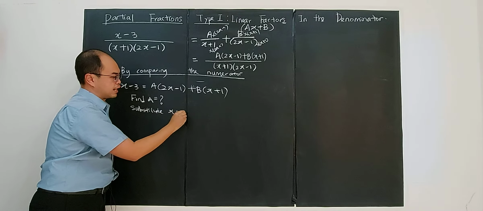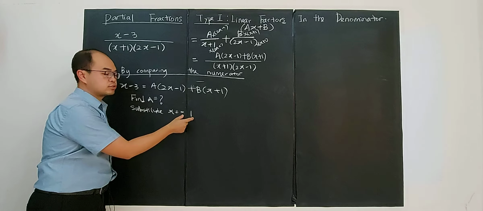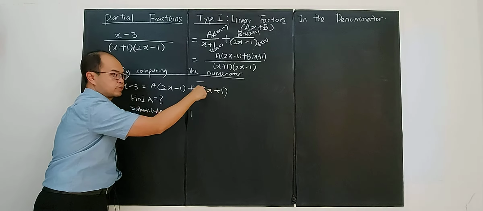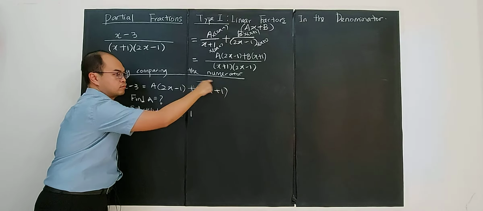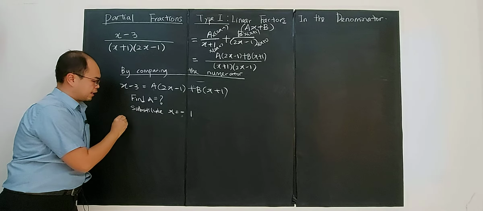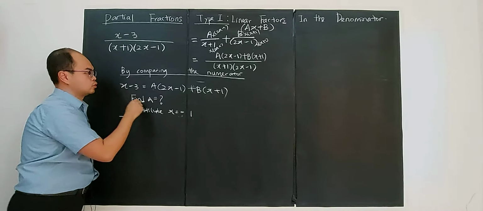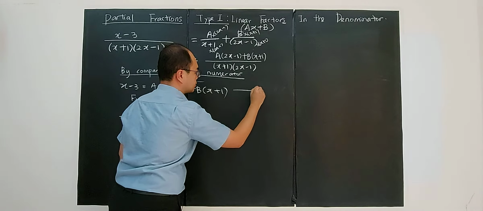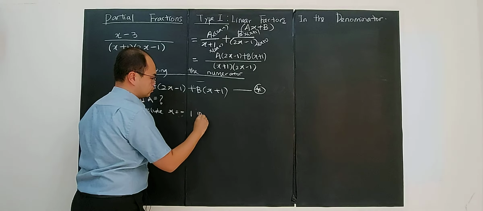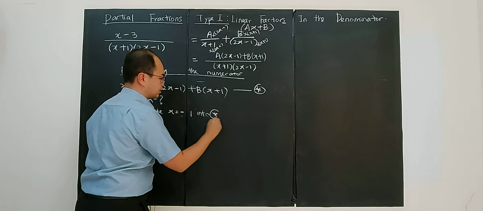So by substituting x equals -1. Why am I choosing -1? Because -1 plus 1 is 0, right? If this part is 0, then I can find the value of a. So you substitute -1 into the equation above.